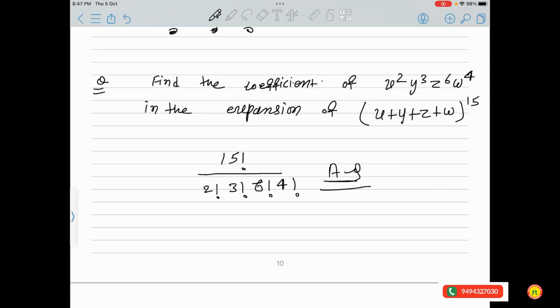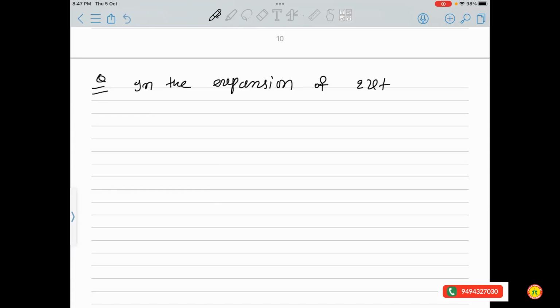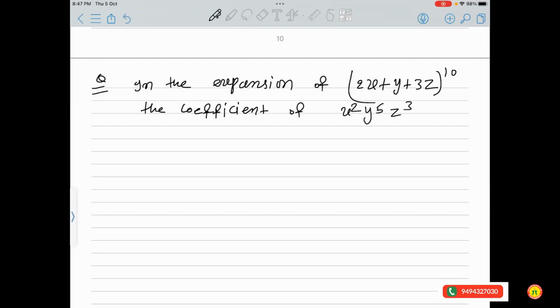Understood? Now I am changing the question. In the expansion of (2x plus y plus 3z) power 10, the coefficient of x square y power 5 z power 3.